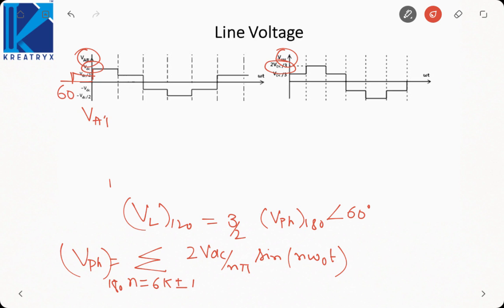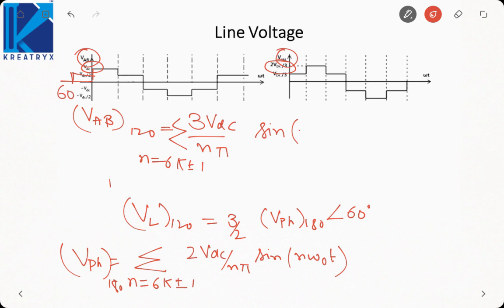So VAB in 120 degree conduction mode will become, if we multiply it by 3 by 2, it will become 3 VDC by n pi summation n is equal to 6k plus minus 1, sin (n omega naught t then plus n pi by 3). That is, we have shifted this waveform towards the left by an angle 60 degree.